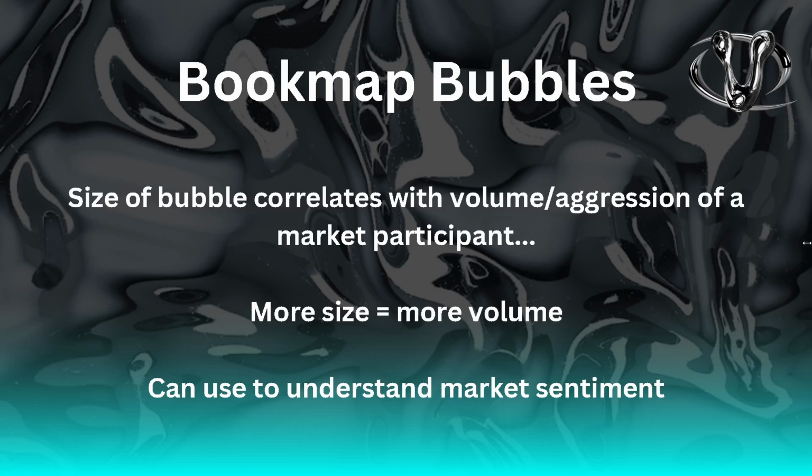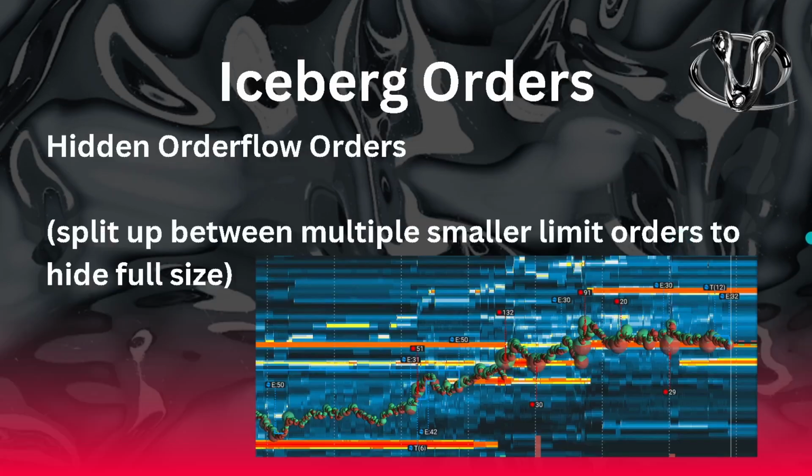Now, let me explain what iceberg orders are. Iceberg orders are hidden orders that are split up between multiple smaller limit orders to hide the full size. Essentially, big orders are placed, but participants can only see a small portion of them. Icebergs look like these blue things right above my arrow.